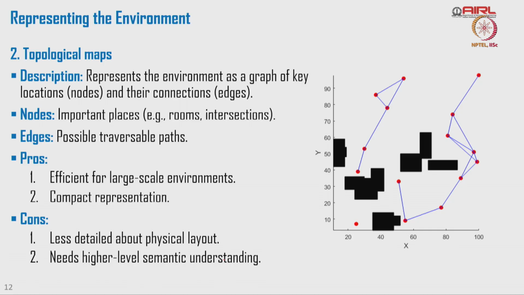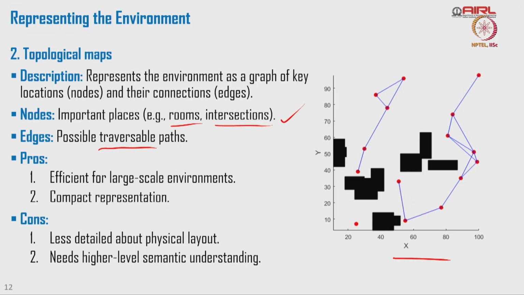Then the second kind of environment representation is topological maps, where graph information is given. There are nodes which are important places, say rooms, intersections, warehouses. Edges are possible traversable paths, and it is assumed that no obstacles are lying on the edges.